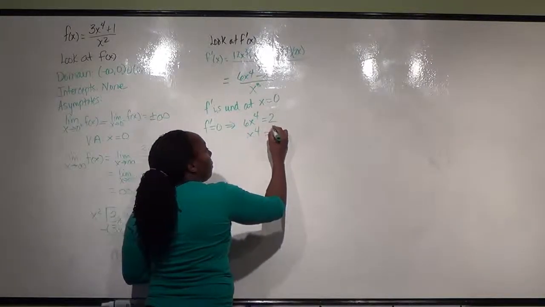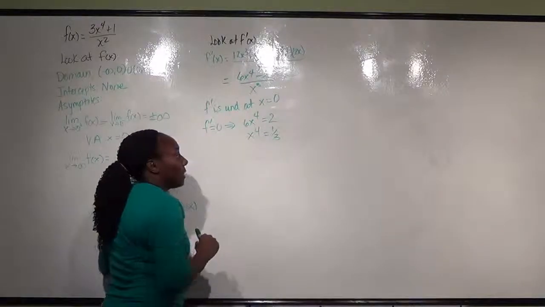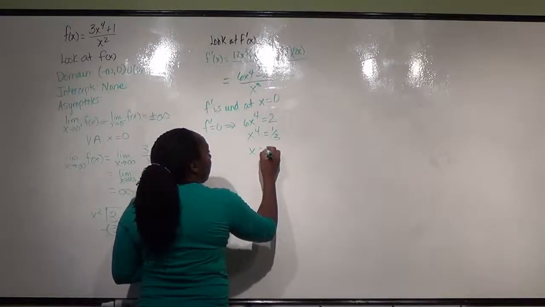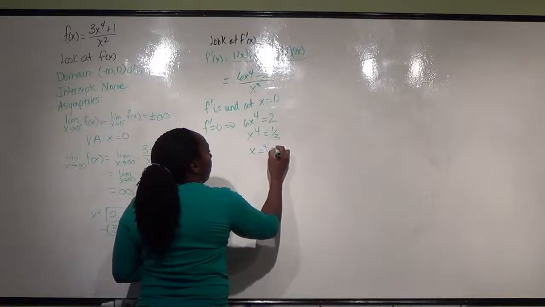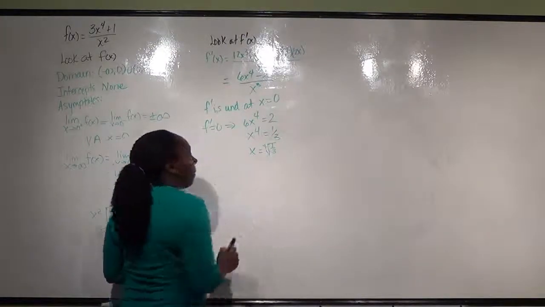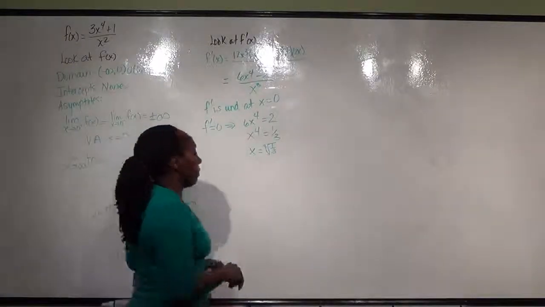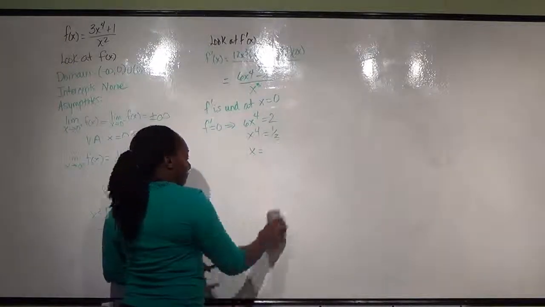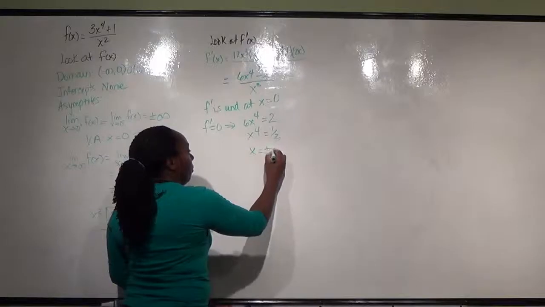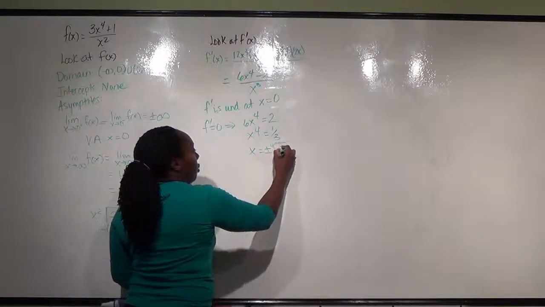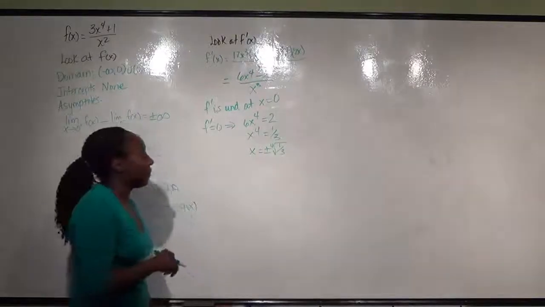So we can solve by dividing out by 6. So x will equal the 4th root of a third. Okay. Because it's an even root, remember your even roots, we're actually going to get a plus or minus one there.